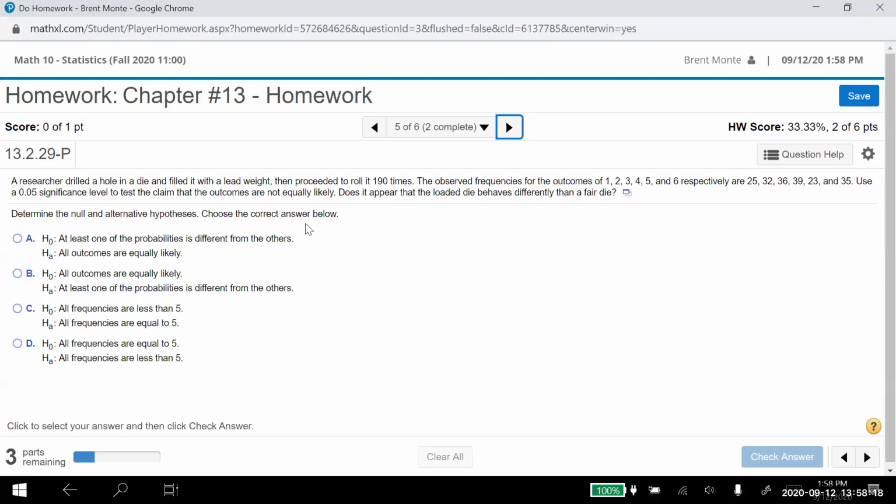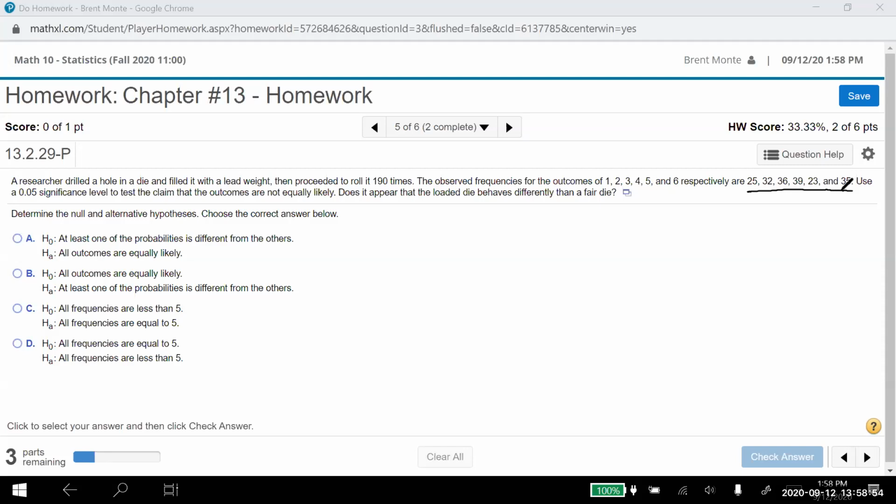So what we have here is you rolled the die 190 times, so that's going to be a simple random sample because there's nothing that can come up in that to make that not a simple random sample, as long as he's just taking all 190 of the rolls. Now, the observed frequencies, remember, they'll have to be at least 1. Well, here's the observed frequencies right here. They're definitely all at least 1.